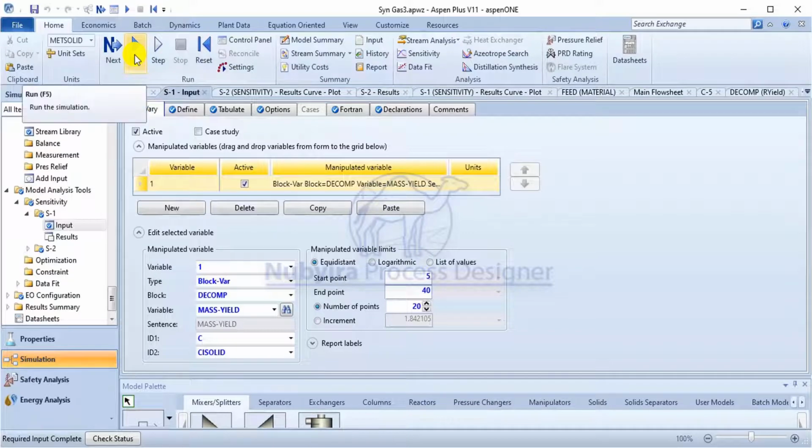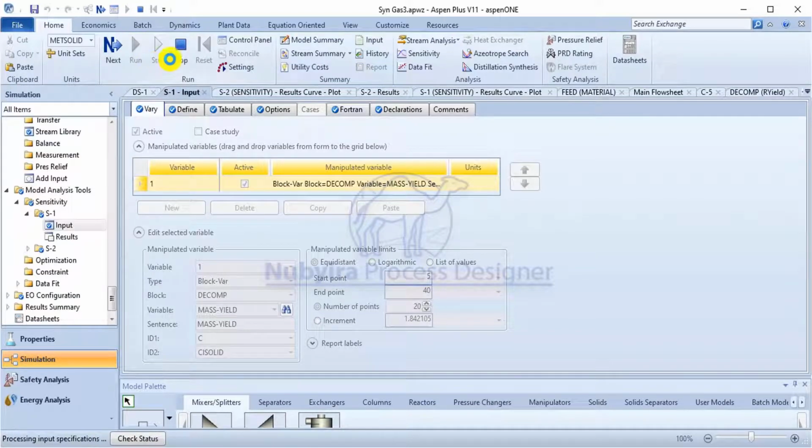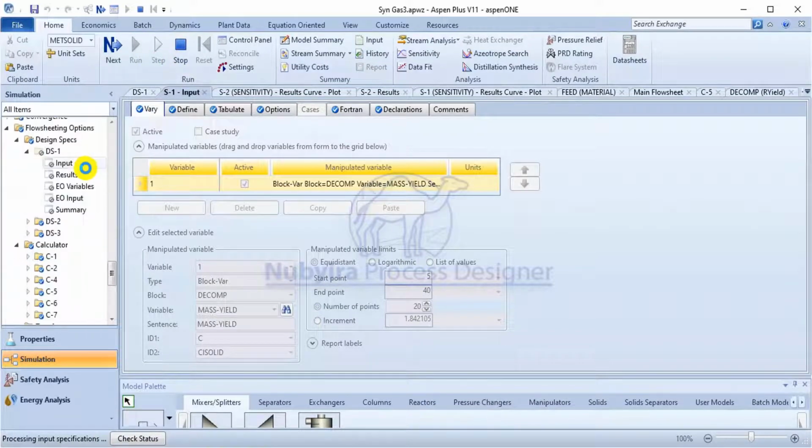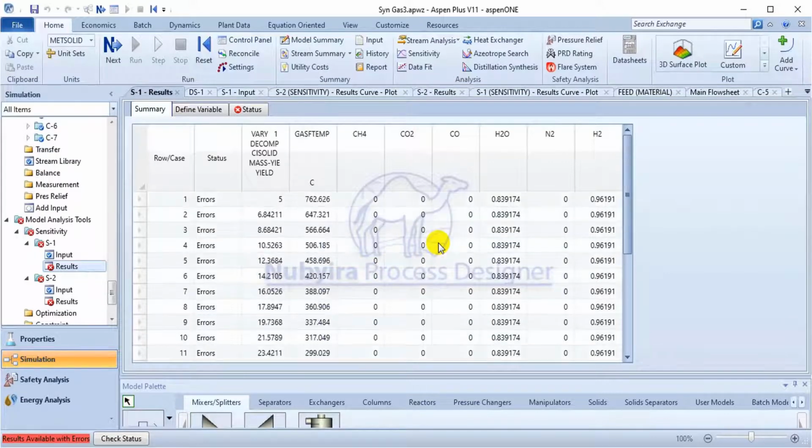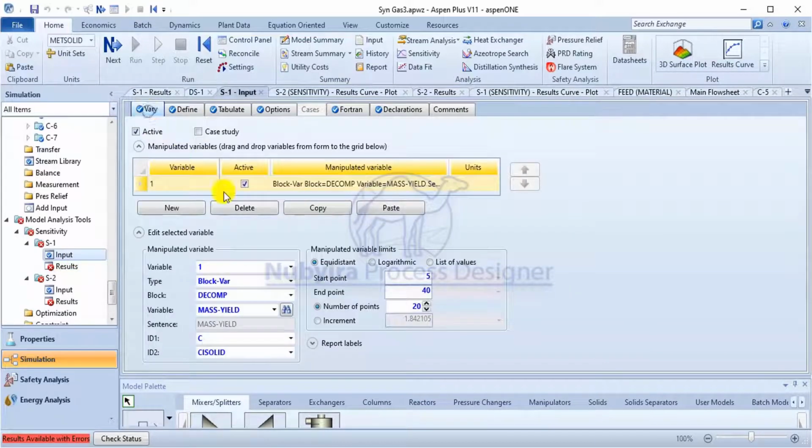Right now, let me run it. Oh, okay, I had disabled it. Okay, result is out. So I think there's a mistake. There's an error somewhere. Okay, let me check. Oh, we forgot the range. I think I was specifying the wrong range.